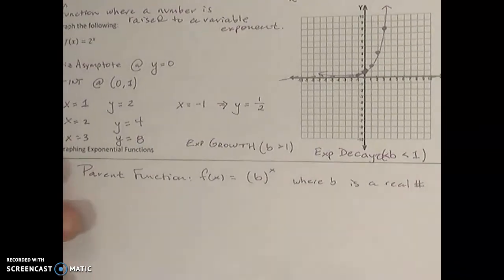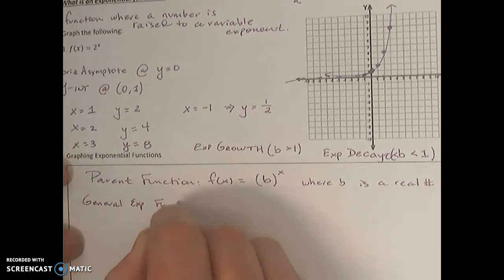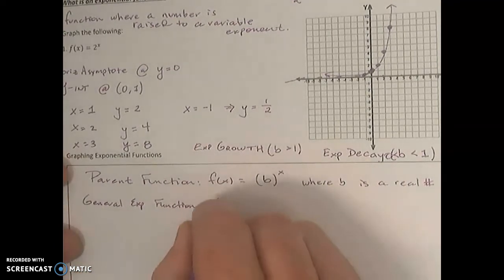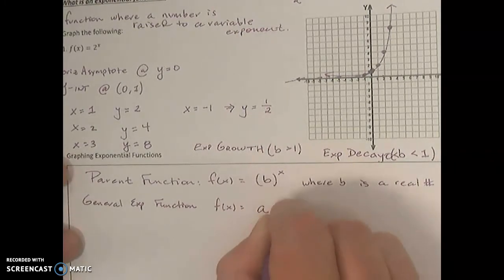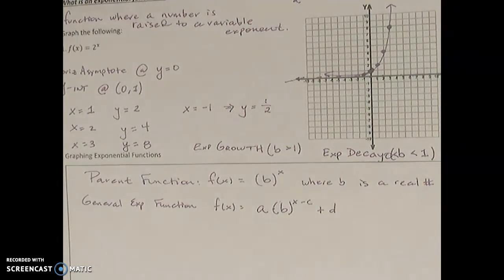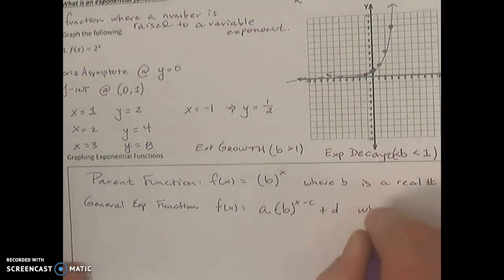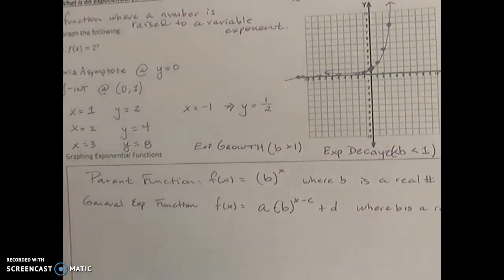Let's talk about the general exponential function. Okay? f of x is equal to a times b to the x minus c power plus d, again, where b is a real number. These all do the same things that you would think they do based on transformations that you guys have learned in the past. Okay?